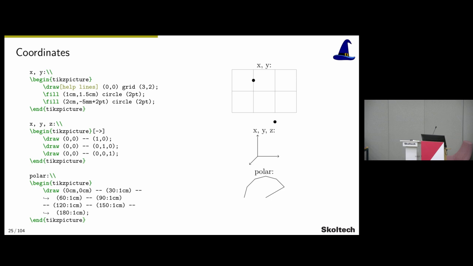If we give the third coordinate, LaTeX will automatically understand that we can use 3D graphics. And also we can use polar coordinates. If we give our coordinates in this form with a colon in the middle, it understands that the first parameter is the angle and the second parameter is the distance from the center.